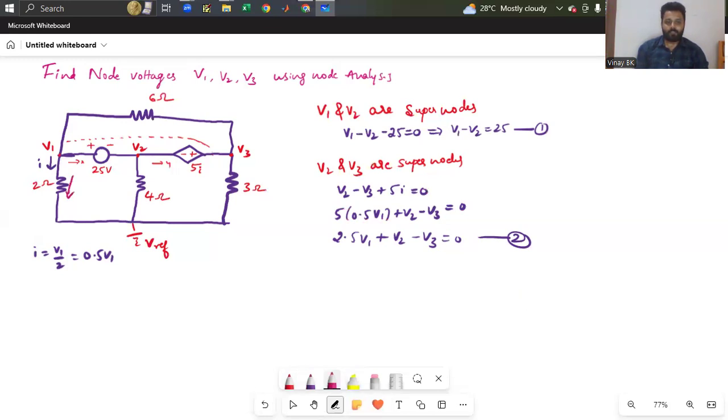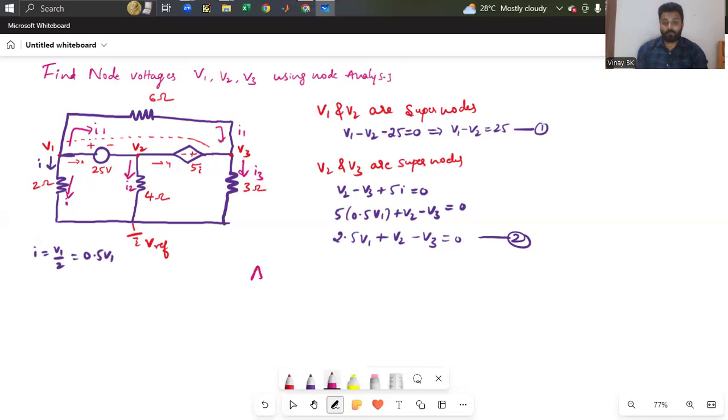This is I, given in the problem. So I'm assuming that from V1 to V3 some I1 is flowing, and here it is entering. Similarly from V2 some I2 is flowing, and from V3 I3 is flowing.